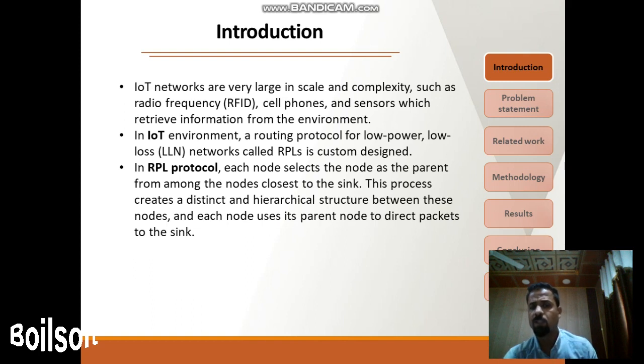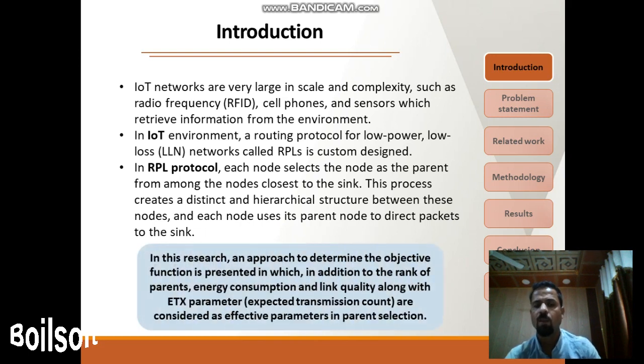In RPL, each node selects a parent from among the nodes closest to the sink. This process creates a hierarchical structure between these nodes. In this research, an approach to determine the objective function is presented, which in addition to the rank of the parent, considers energy consumption and link quality along with the ETX parameter, expected transmission count.